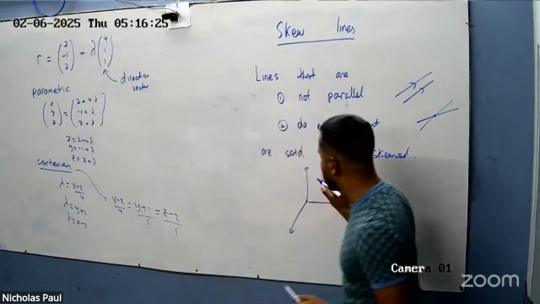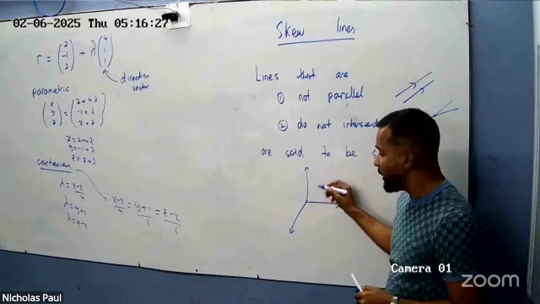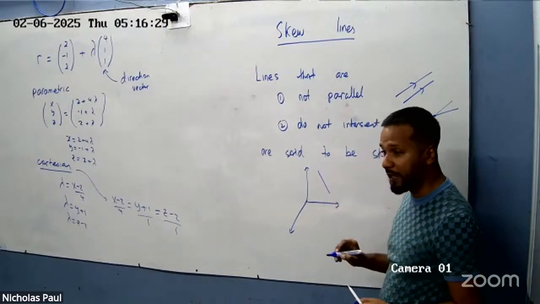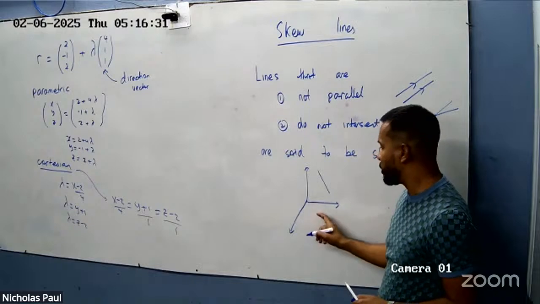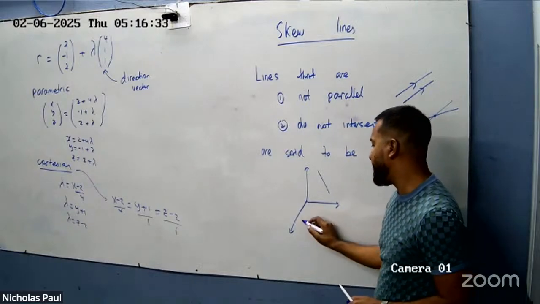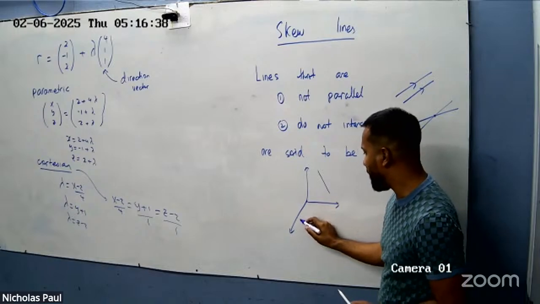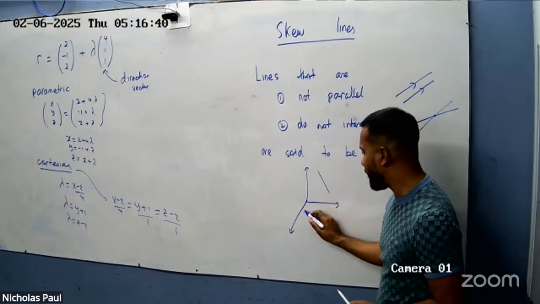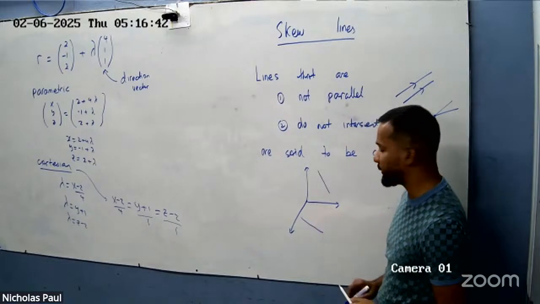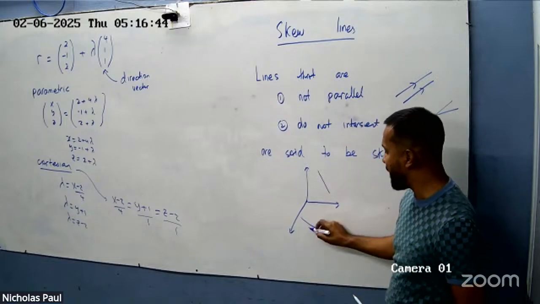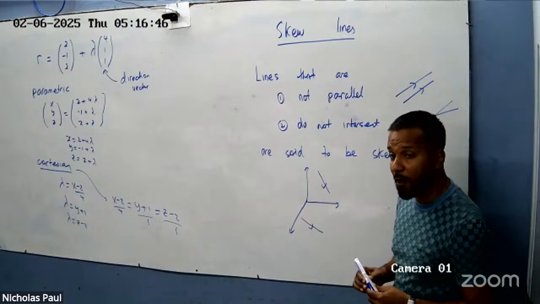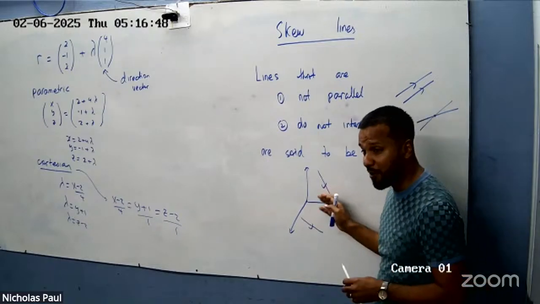If I draw a line on the XY plane, and I draw a line on, let's say, the ZX plane, something going down, slanting a little bit like that, these two lines will never meet. They're on different planes. It's not a 2D diagram, it's a 3D diagram.